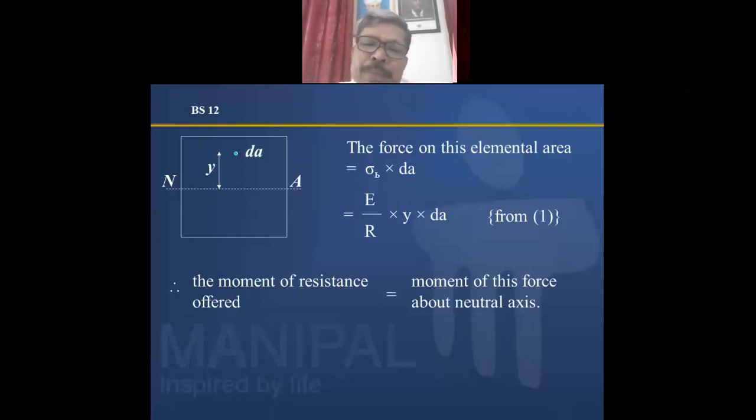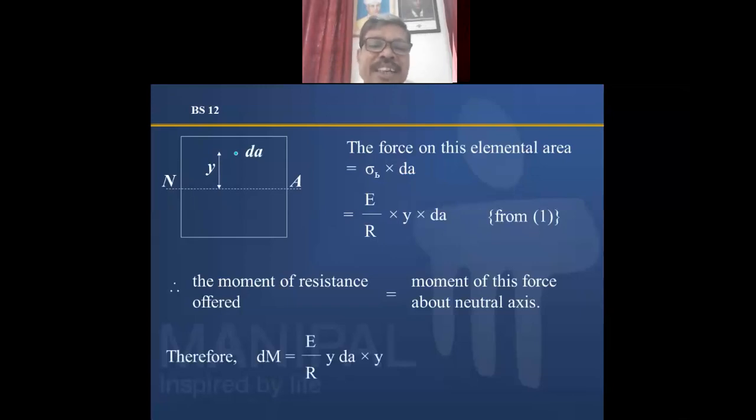Suppose the beam is simply supported carrying UDL over the entire span and the span is L, then bending moment is WL square by 8. Moment of resistance is offered by the section, whatever the breadth, whatever the depth. Bending moment is actual, due to loading and span.